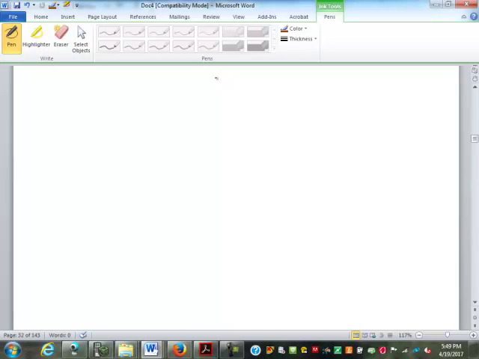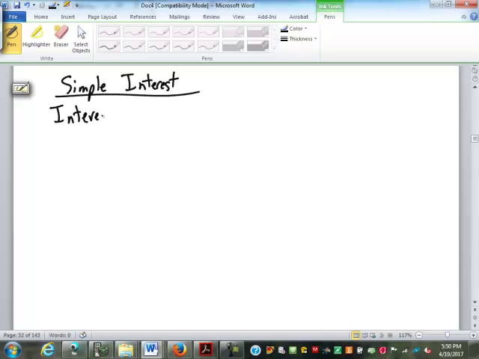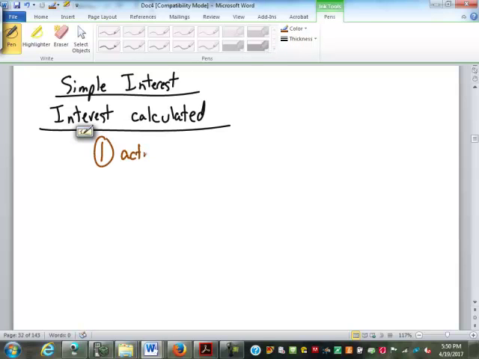Well, time to start our new topic for tonight. So far, what we've been talking about is simple interest. And remember, with simple interest, we said interest is only calculated in one of two cases. One, if there's an action on the loan, or an action on the note, I should say, not necessarily a loan.